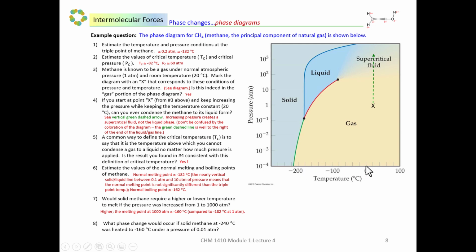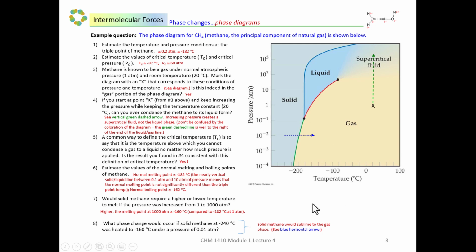If this is truly 0, this would be minus 20, 40, 60, 80, 100, minus 120, 140, 160, 180, 200, minus 220, minus 240. So we're going to start right here, stay under that pressure, and increase the temperature to minus 160, which would be over here. It appears that we're simply going to sublime the methane from the solid to the gas form.